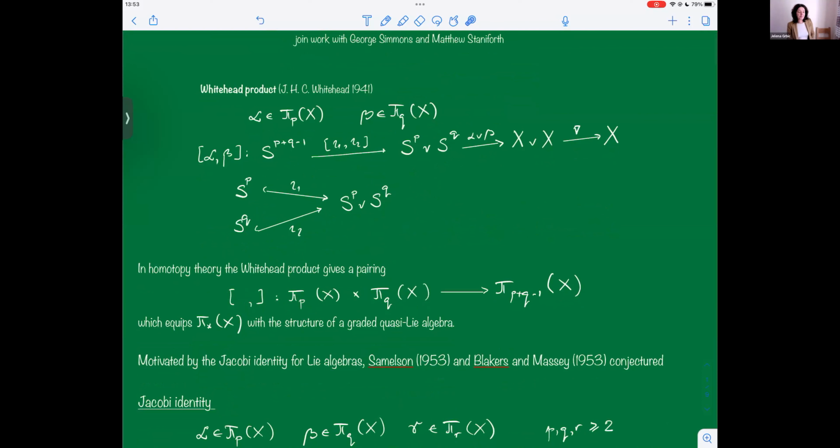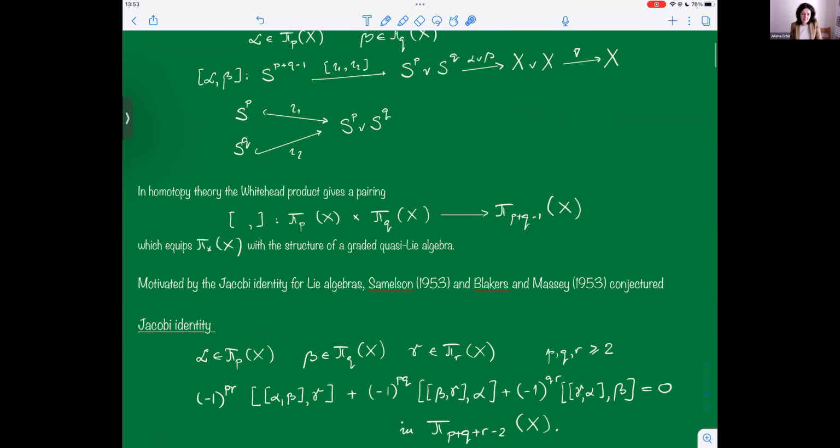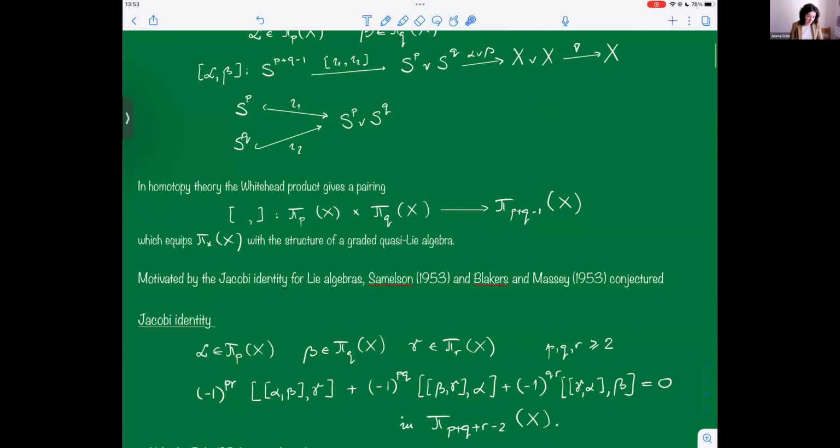Samuelson on one hand and Blakers and Massey on the other, looking at the Lie algebra structures and the existence of the Jacobi identity in Lie algebras, conjectured that the Jacobi identity should hold in homotopy groups.